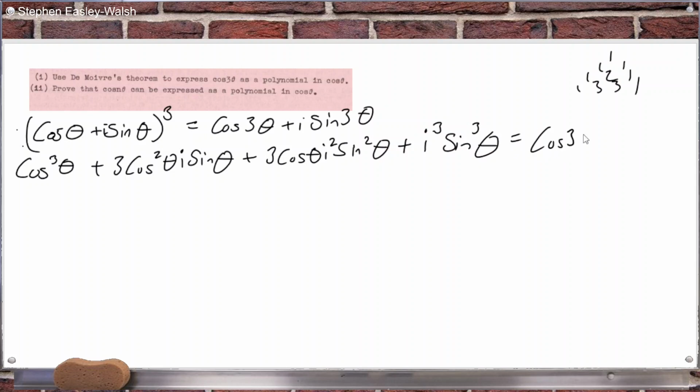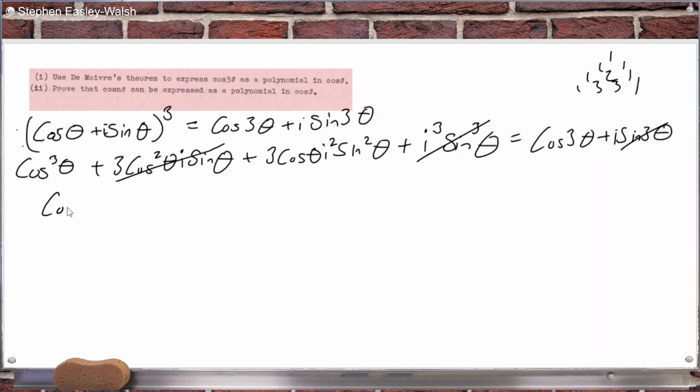That's equal to cos 3 theta plus i sine 3 theta. We're only going to look at the real parts here, so I'll ignore that imaginary part and that imaginary part and that imaginary part.